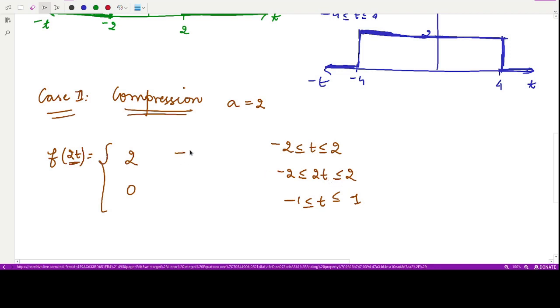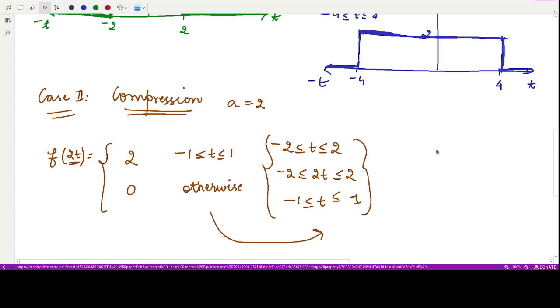So that means whenever t lies between -1 to 1, your function's value is equal to 2 and it is 0 otherwise, right? So this is how you convert the limit. When you draw this particular function, this is your time axis and this is your function's axis.